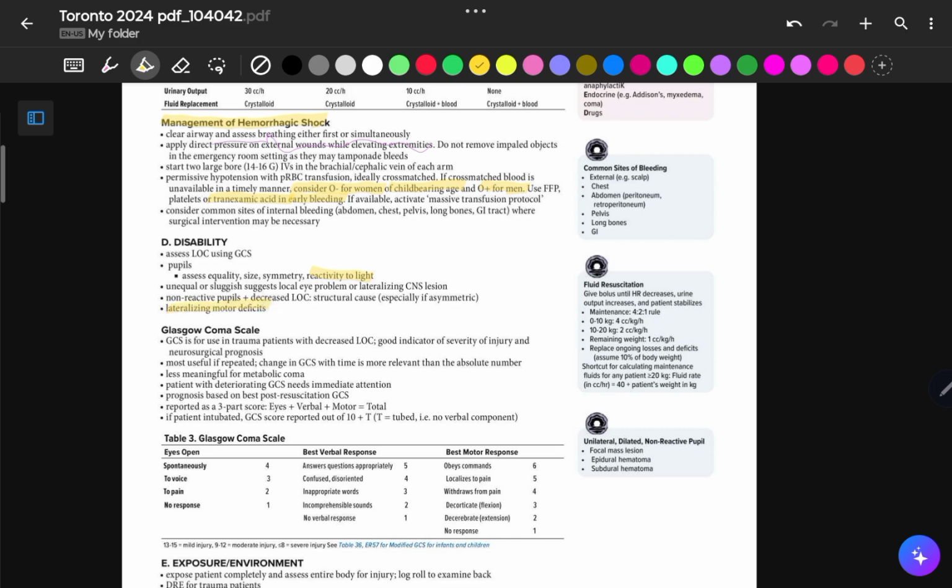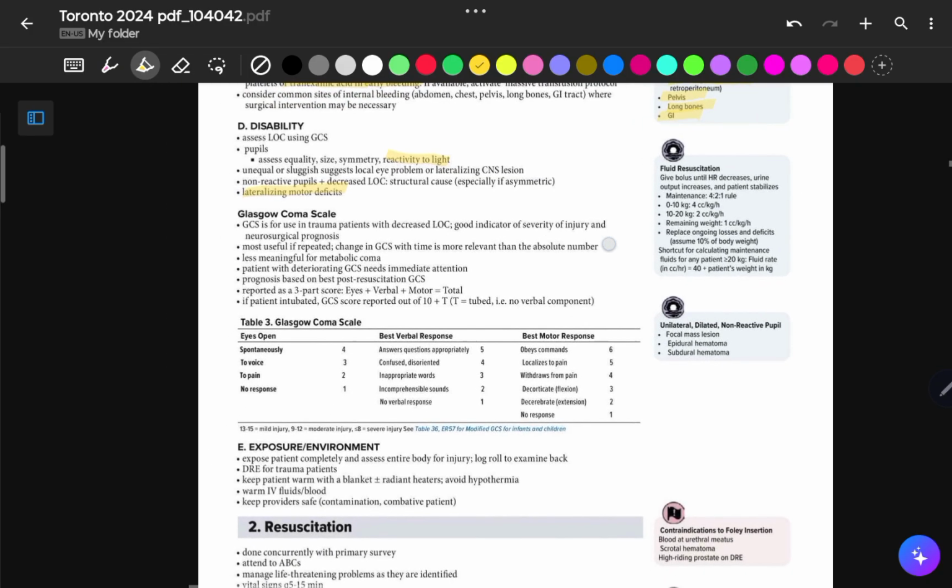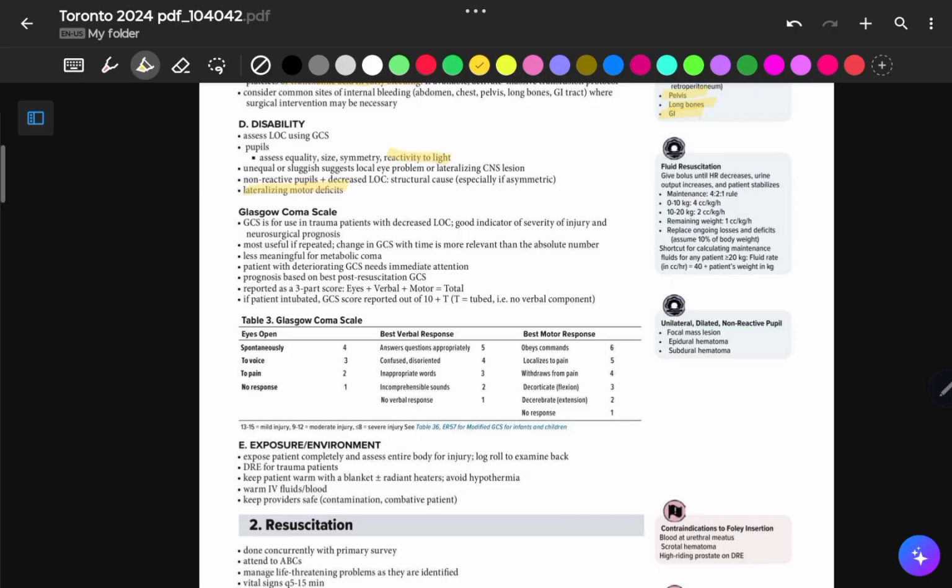Now, one of the common sites of bleeding is external, which is, for example, your scalp, then chest, abdomen, which includes your peritoneum and your retroperitoneum, your pelvis and long bones, and the GI. So going back to the Glasgow Coma Scale. The Glasgow Coma Scale is used in a trauma patient with decreased level of consciousness.